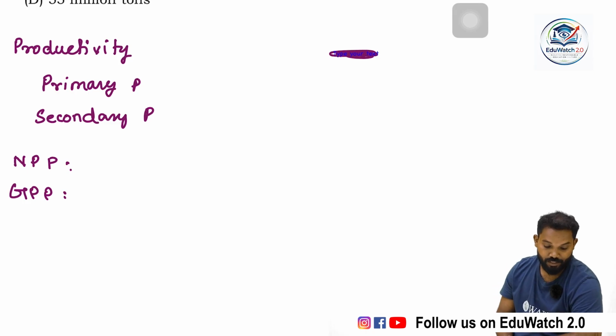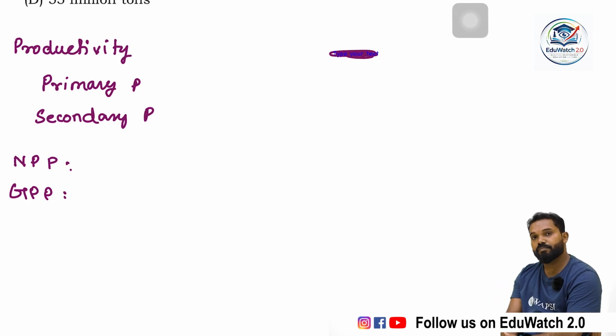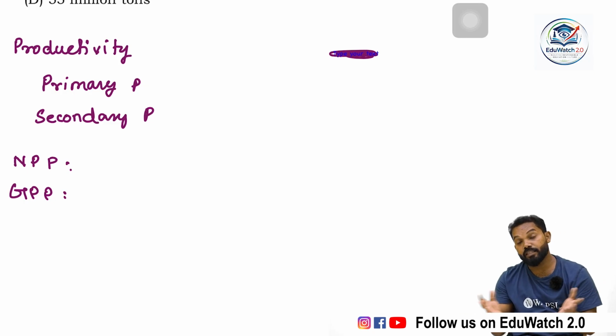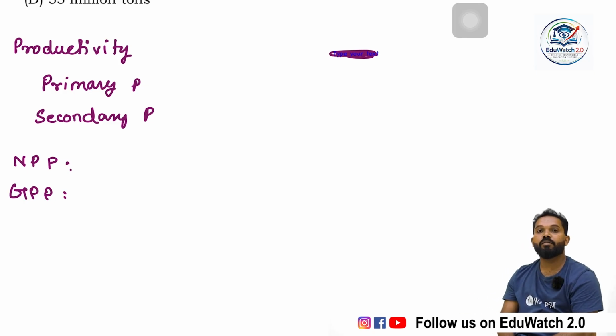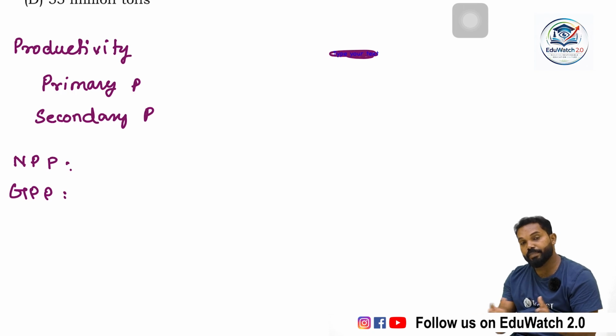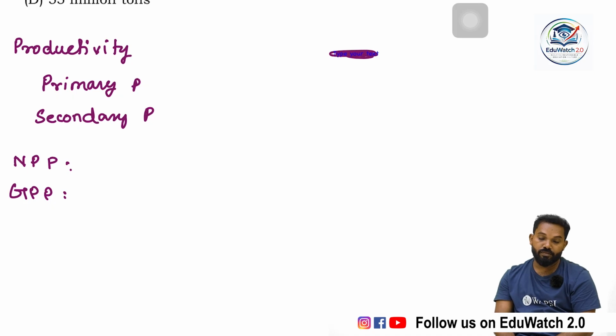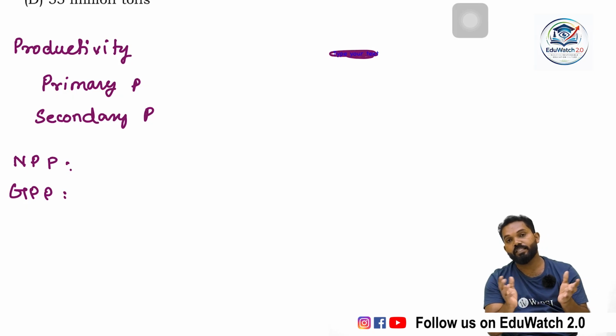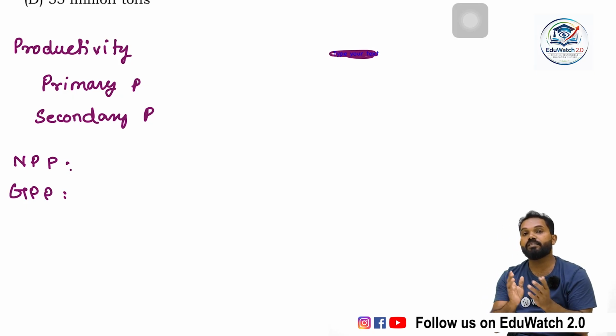First, what is productivity? Productivity in terms of biomass or energy is the actual production. But productivity is related to the time period and also the area. So productivity determines how much production takes place in a definite area in a definite period.